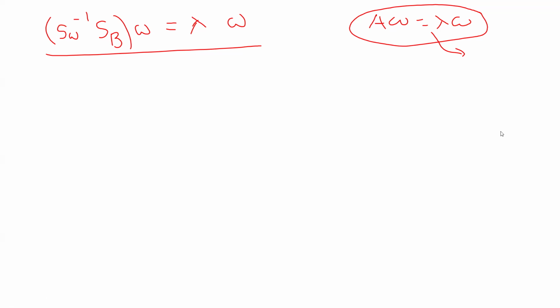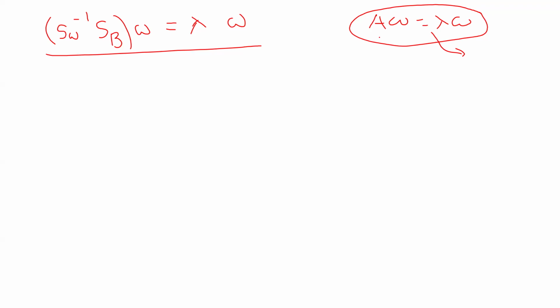AX is equal to lambda X. So AW is equal to lambda W, where W is the eigenvector for matrix A.